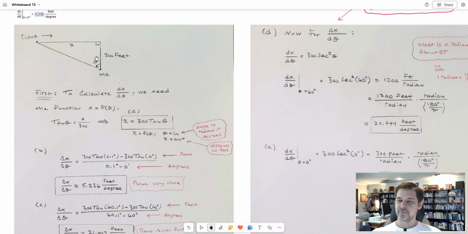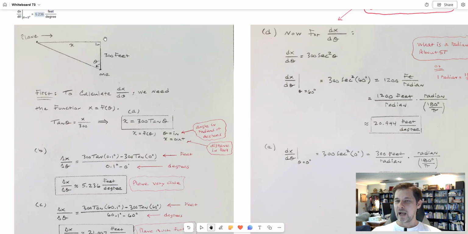But what do you think is a bigger number? Let's imagine like this. Suppose this angle wiggles by a degree when the plane's further away, versus if this angle wiggles by a degree when it's closer to you, meaning more right above you. So imagine that this angle right here is going to shift and move, wiggle just a little bit, as it tracks the plane. Is the plane going to move more when it's further away or right above you?